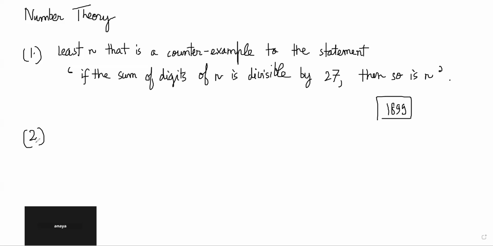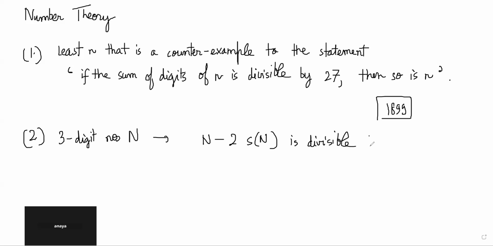How many three-digit numbers n have the following property: the difference between n and twice the sum of its digits, n minus 2 s(n), is divisible by 7? You have to find how many such three-digit numbers there are.